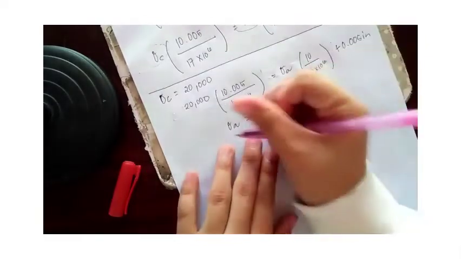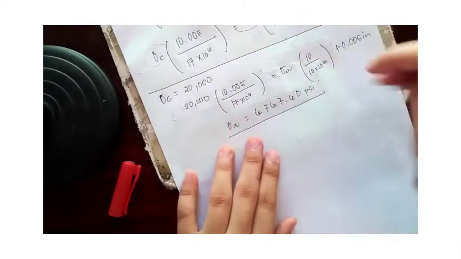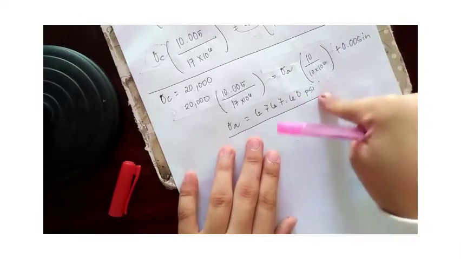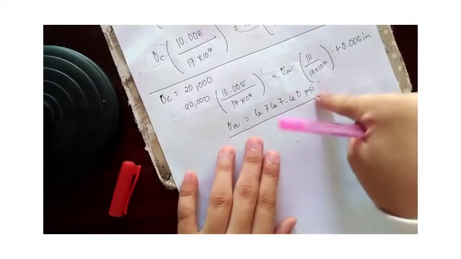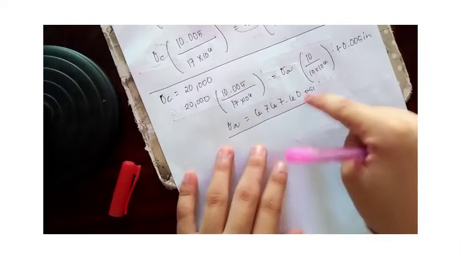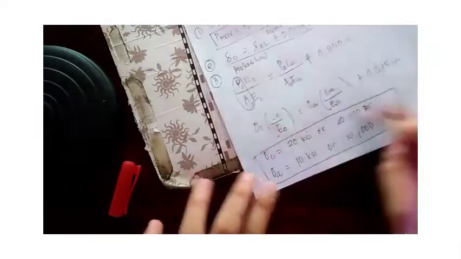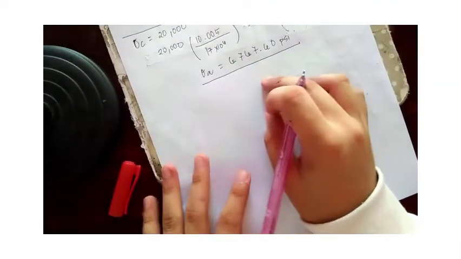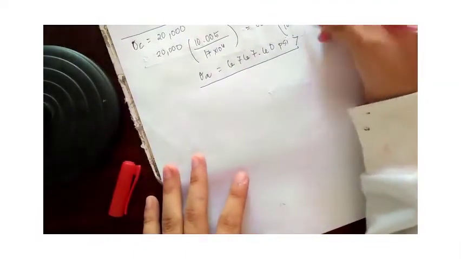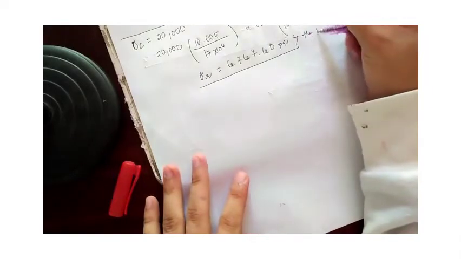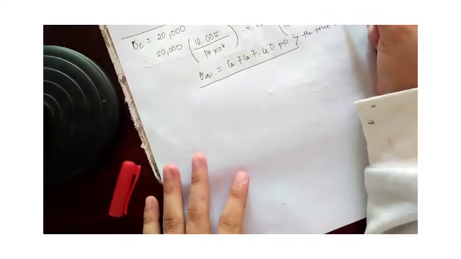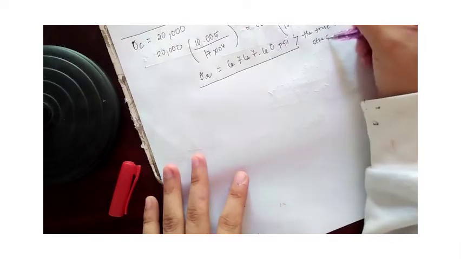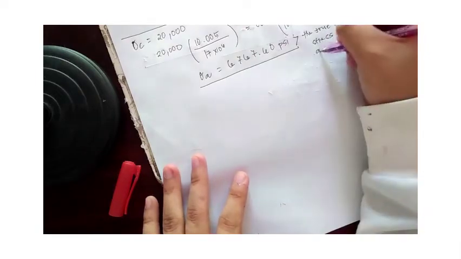PSI, which is, this value is mas maliit siya dun sa naging original value kanina ng stress ng aluminum, which is, sa given, meron tayong 10,000 PSI. And nakuha natin dito is 6,000 lang, meaning this will be the true value of stress of aluminum.